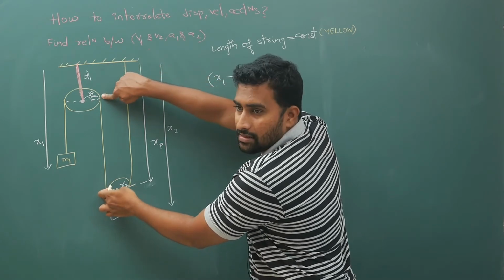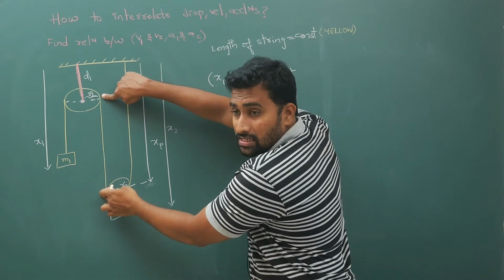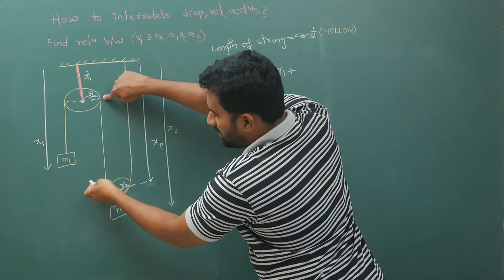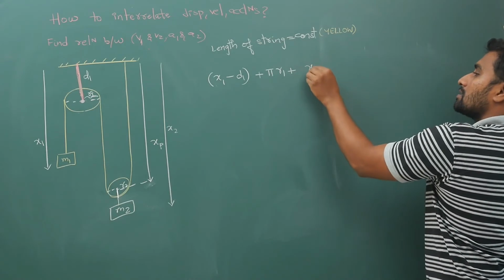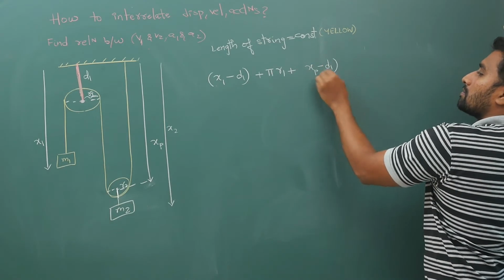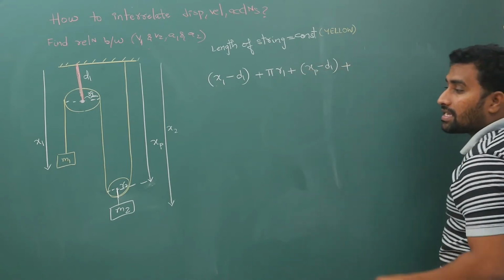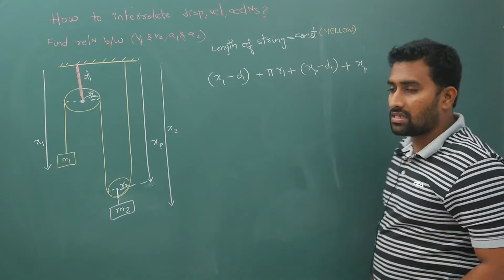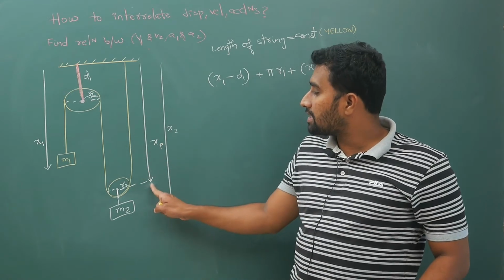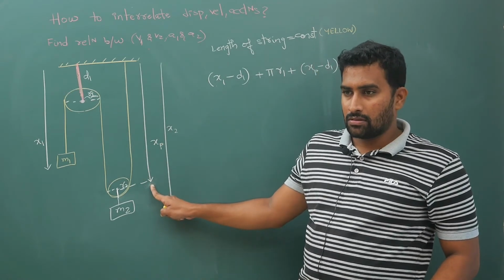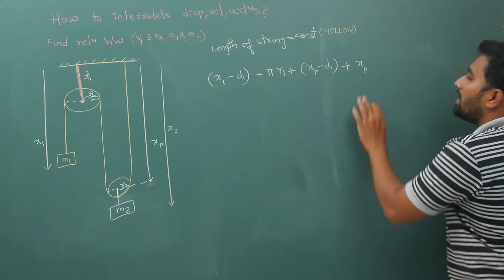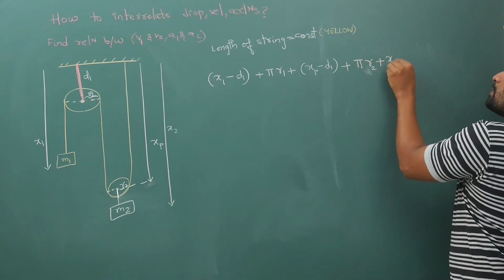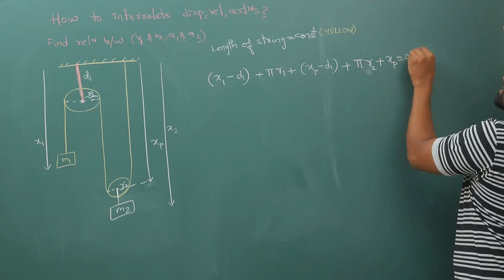How much is this length? It is xp minus d1, plus the other side length from the ceiling to this point, which is xp. Yes, pi r2 is there, we forgot that. Pi r2 plus xp is equal to constant.